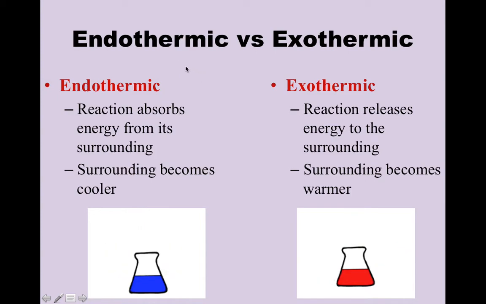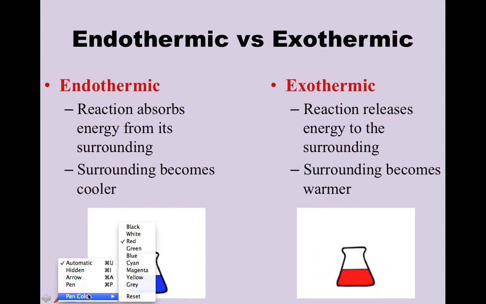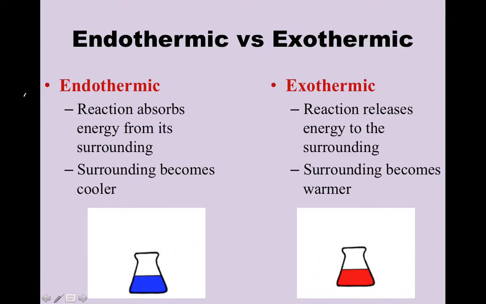Just to recap again, endothermic versus exothermic. Think of the root word endo here. Endo meaning inside. So endothermic, the reaction absorbs, or like a sponge, gathers in all of the energy, and it's very cold.